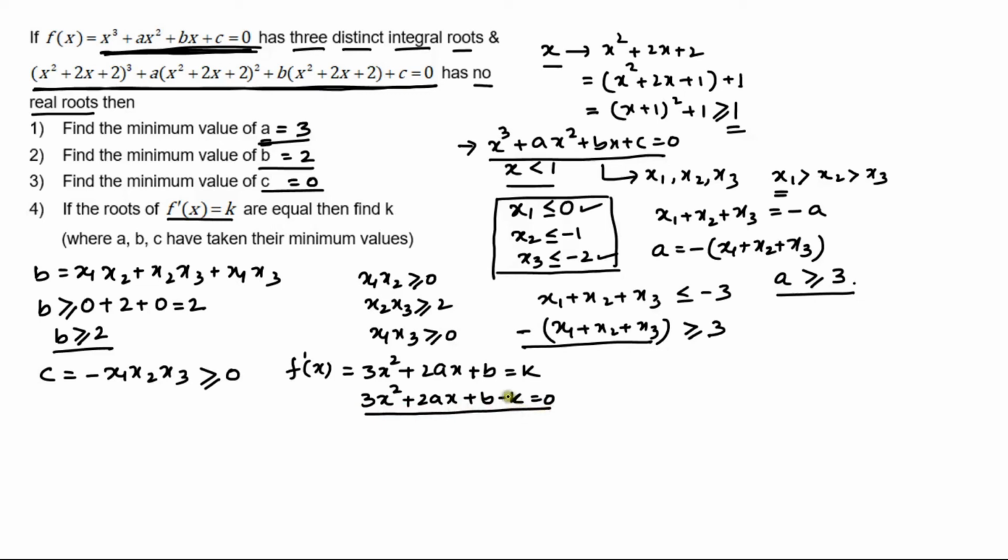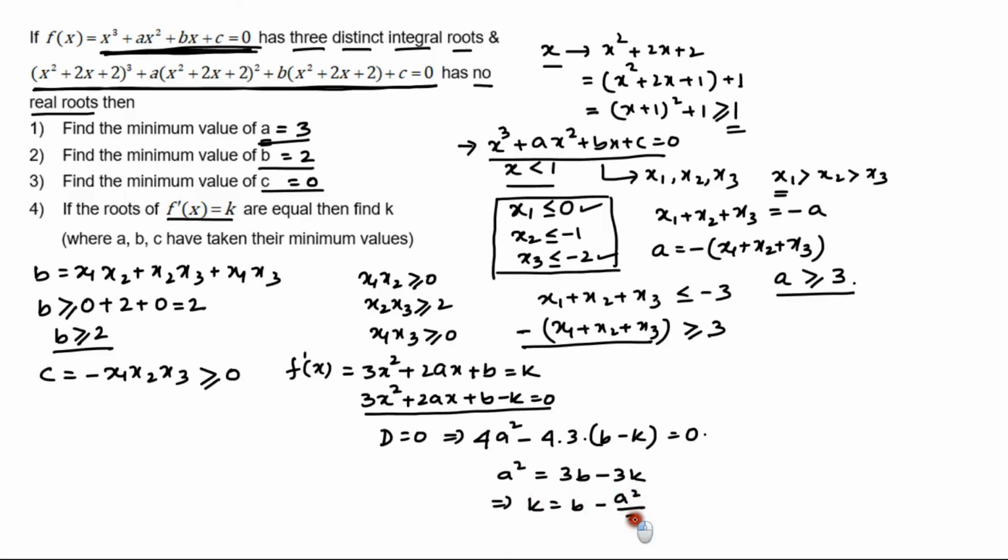So we can say the discriminant equals 0. Discriminant means B squared minus 4AC is equal to 0. So a squared is 3b minus 3k. That implies k is b minus a squared by 3.